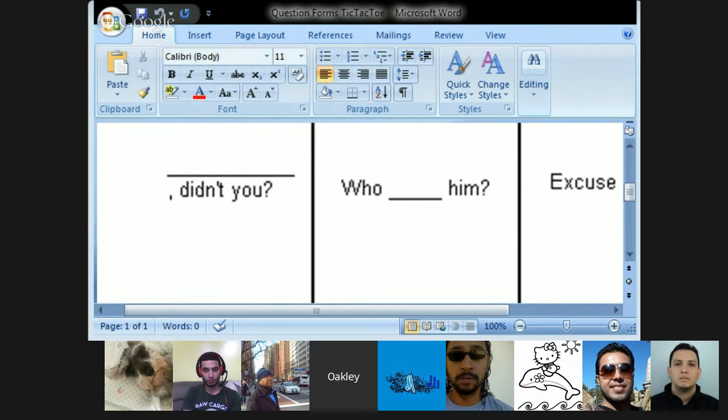"He is coming, isn't he?" So "is coming" is the verb. The auxiliary is "is." "He will come, won't he?" Do you see? So if I'm going to use "didn't you," I have to use just a simple past tense verb.